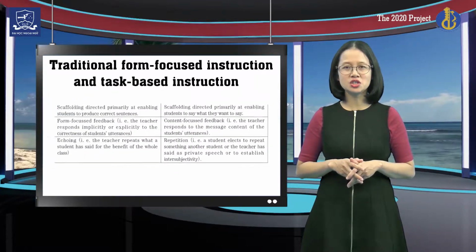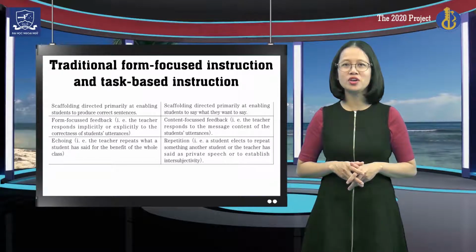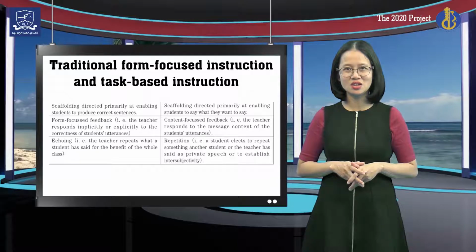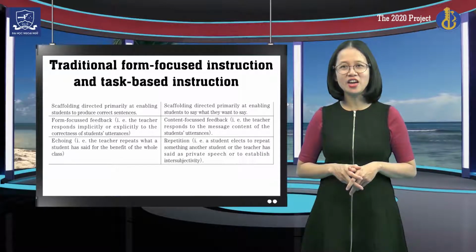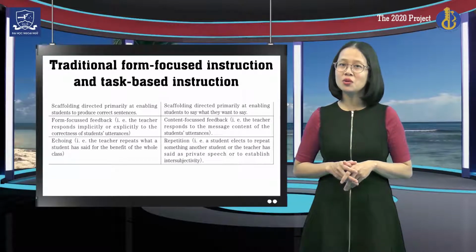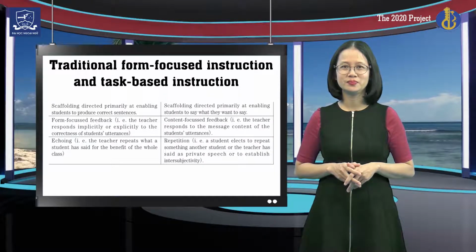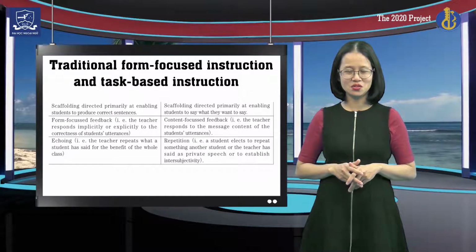Seventhly, traditional teachers provide scaffolding directed primarily at enabling students to produce correct sentences. On the other hand, TBI teachers provide scaffolding directed primarily at enabling students to say what they want to say. Eighthly, form-focused feedback is common in traditional classrooms.